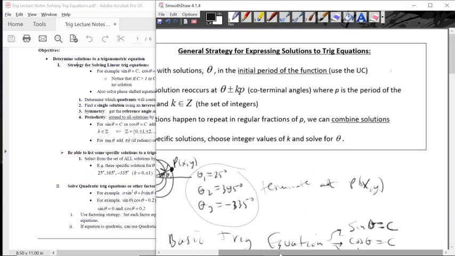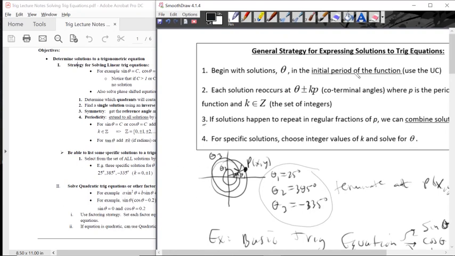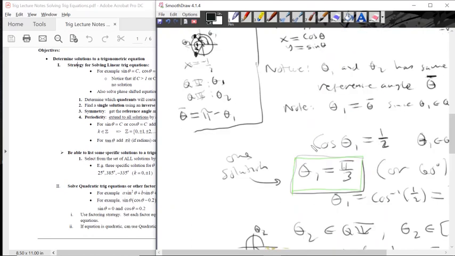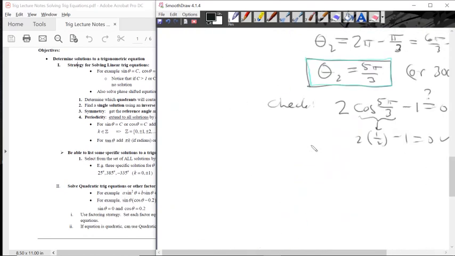So now we have the solutions found between 0 and 2 pi. That is really the majority of the work that goes into solving one of these. Now we can extend those solutions to include adding and subtracting integer multiples of the period. Again, the period of the cosine function is 2 pi, so we're going to be adding and subtracting multiples of 2 pi.